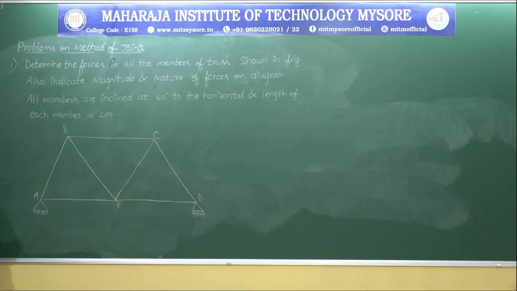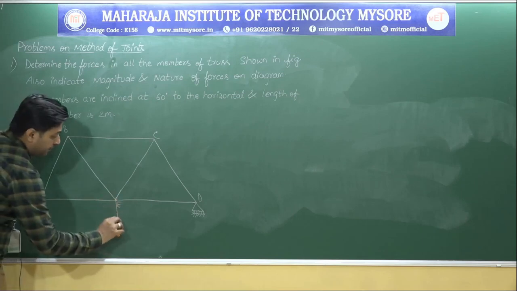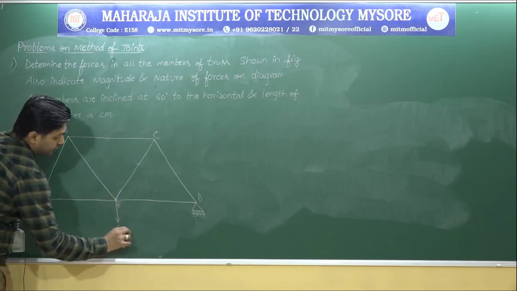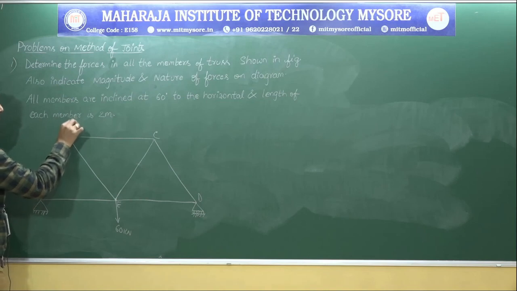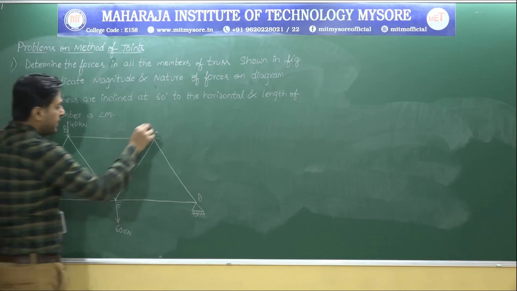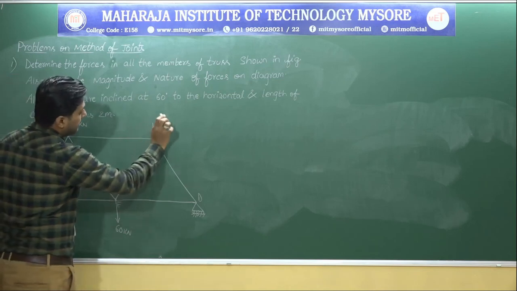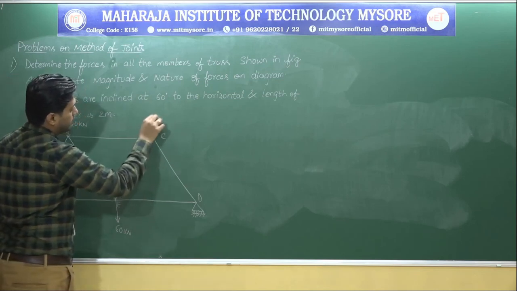Now at this particular junction they have given a 60 kilonewton force acting in downward direction. At this particular junction a 40 kilonewton load is acting. At C we have a 50 kilonewton force acting.